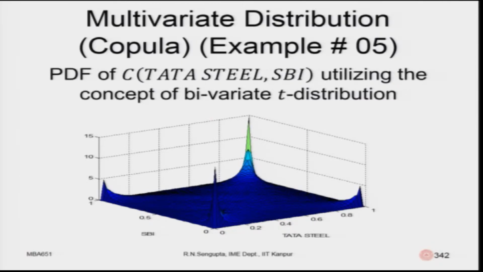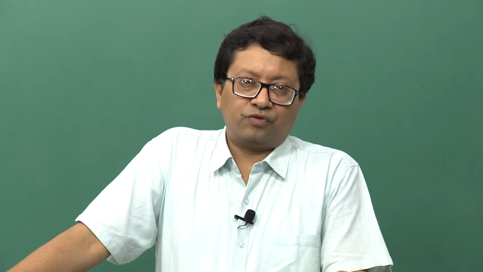So, these are the values, and you see that at the extremes, in the univariate case, you have converted into the univariate case, at the value of 0 for the SBI and 0 for the Tata Steel, or 0 for the SBI, 1 value.